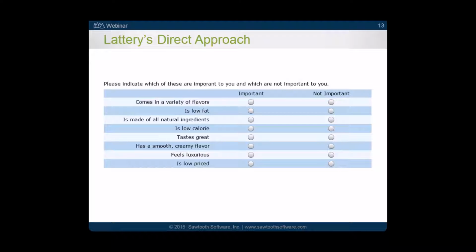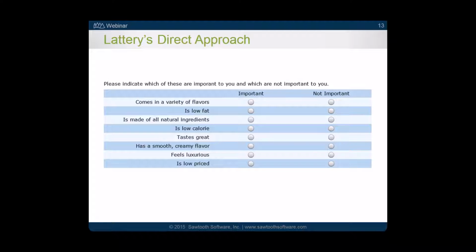What Kevin suggests is that we could just have people do a question like this: tell us if each item is important or not important, and then we'll integrate that. We'll build that into the experimental design for the MaxDiff. We'll code it appropriately so that when we run our MaxDiff, we'll have MaxDiff utilities for all of the items relative to an anchor.